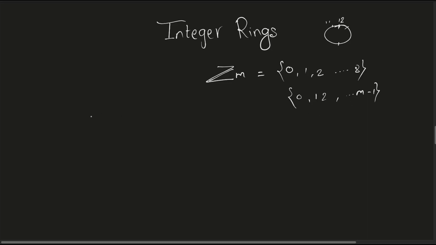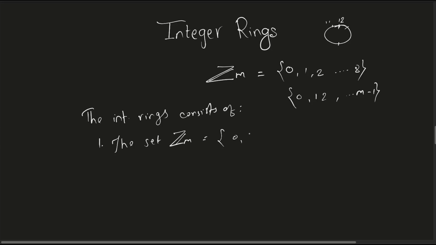If I try to formally define it, integer rings consist of, number one, the set of integers from 0, 1, 2 all the way to m minus 1, and number two, the operations of plus and multiply.